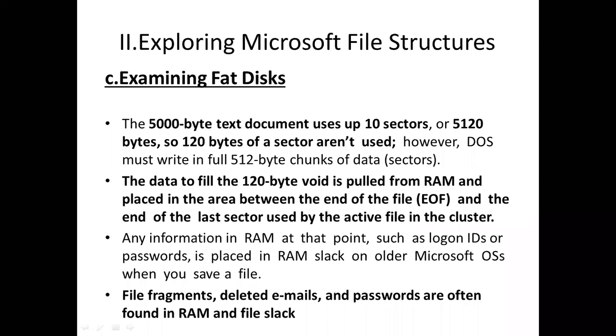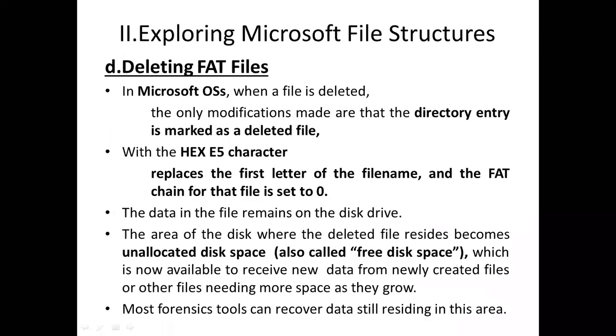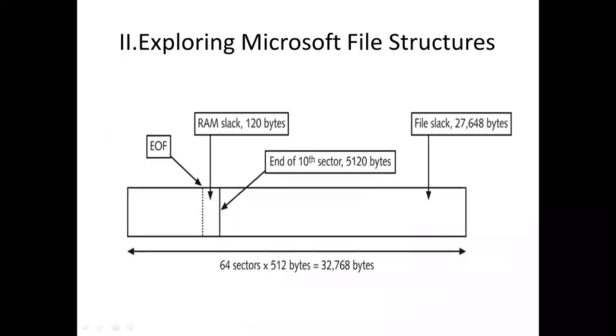Now next, we're going to see an example. See the figure for just one minute, then we will go and analyze the example. This is an example of how the files are being allocated. In this diagram, you're able to see that there are 64 sectors. And in yesterday's class, I told you that each sector has 512 bytes.